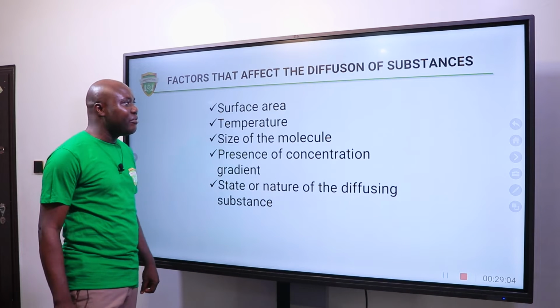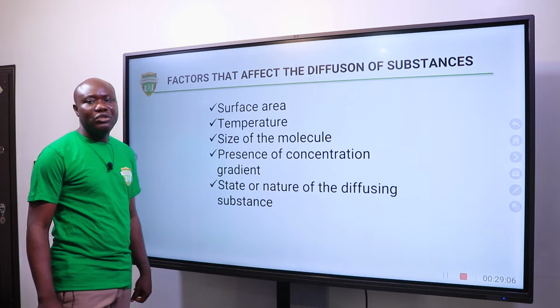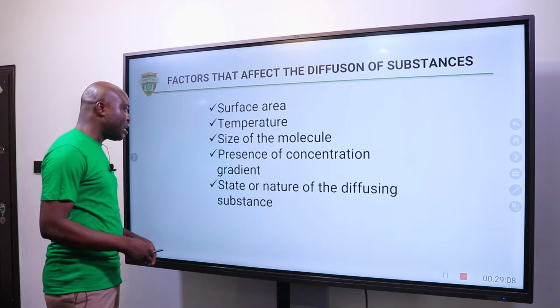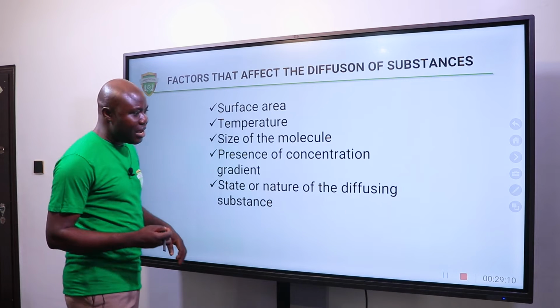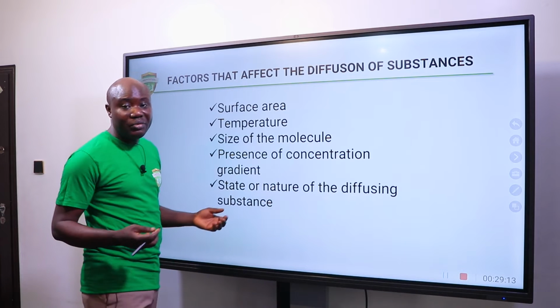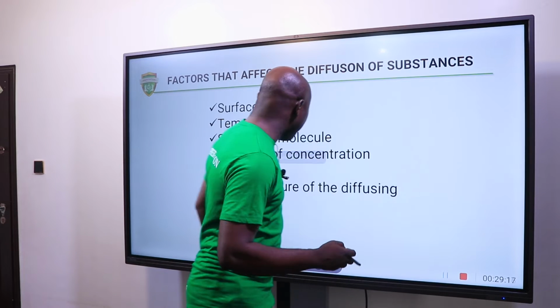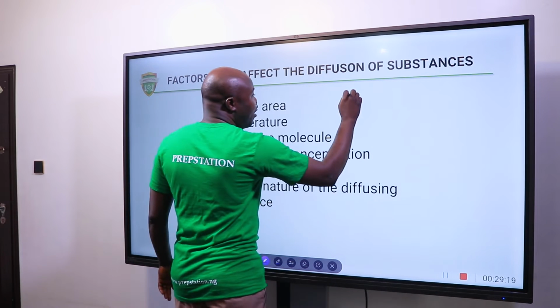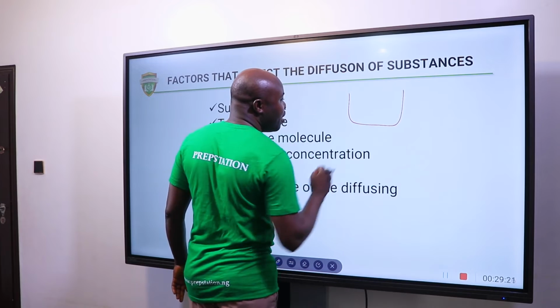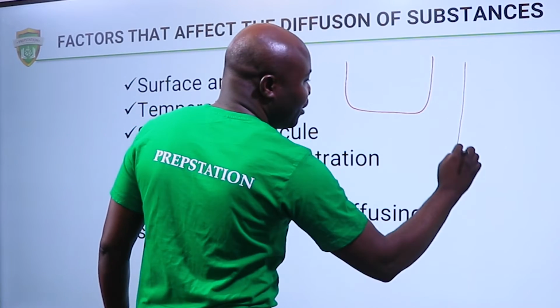Factors that affect the rate of diffusion. We have the surface area. What do I mean by that? Let's say you have a bowl that is this big, and another like this.